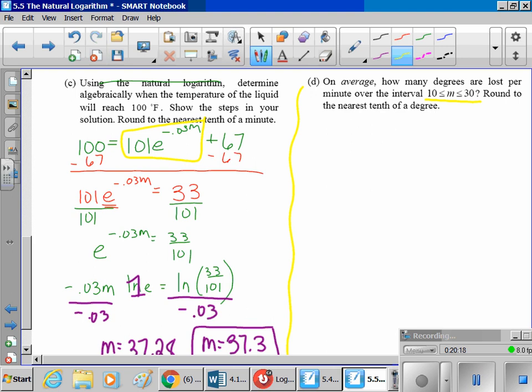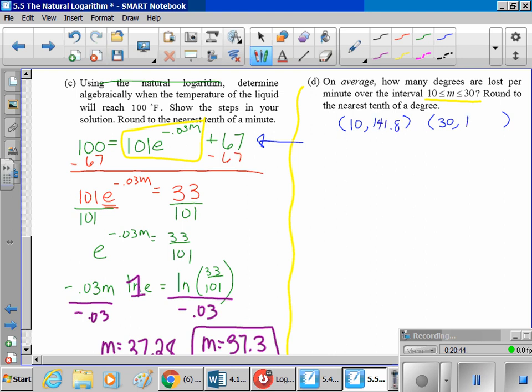So hopefully you're feeling that average is the average rate of change. So interval means x values. So in this case, our x values, we're going to have 10 comma something, and we're going to have 30 comma something. And what I do is I put my 10 into the original problem, and I come up with my y's.